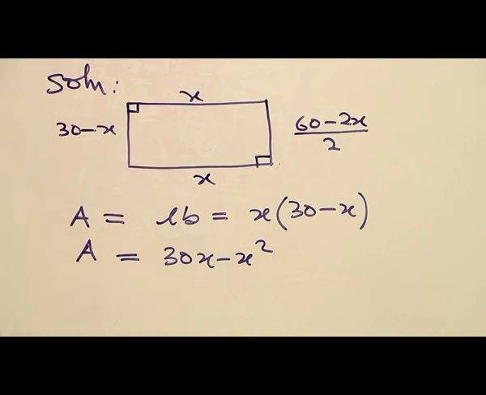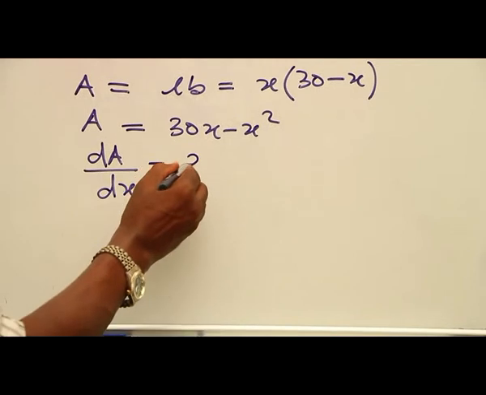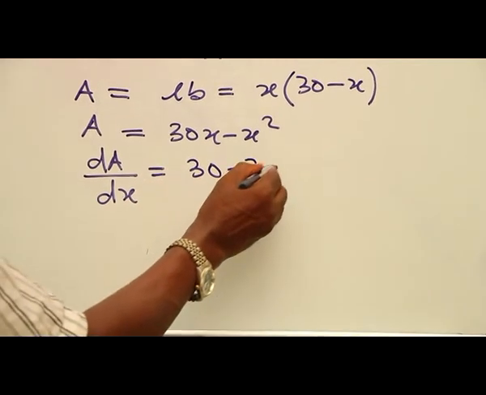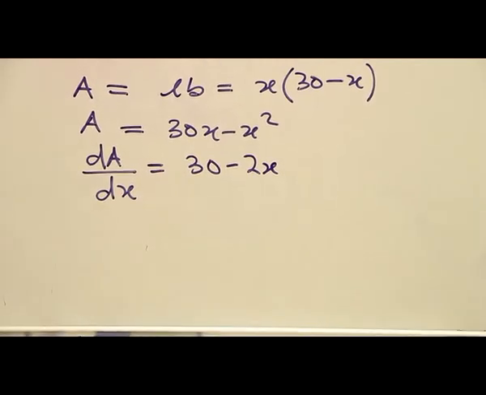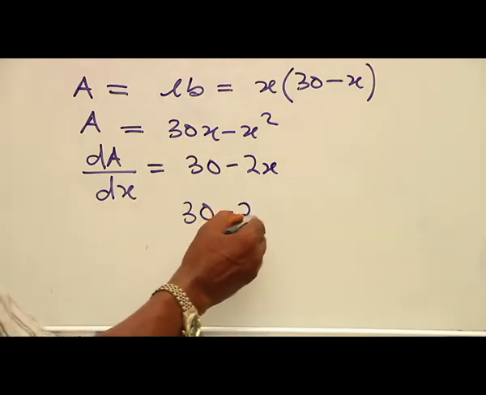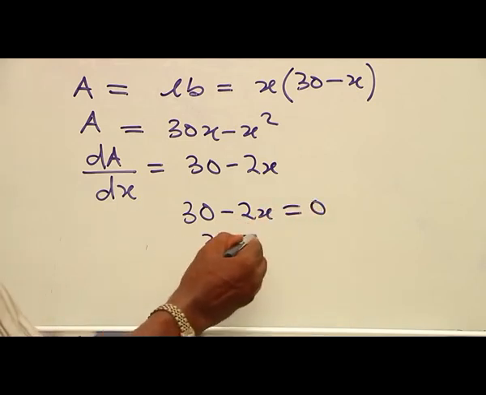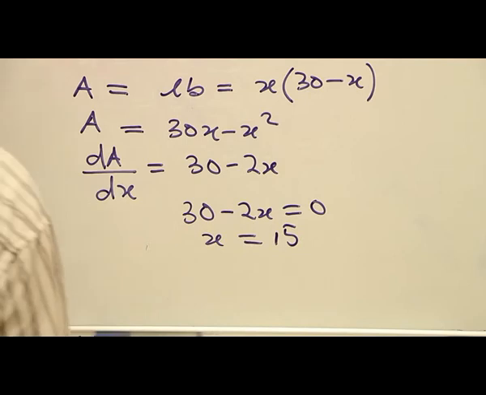Because we are looking for the greatest area that can be made, we differentiate the area with respect to x to have 30 minus 2x. In order to determine the greatest area, we equate 30 minus 2x to 0, giving x equal to 15.